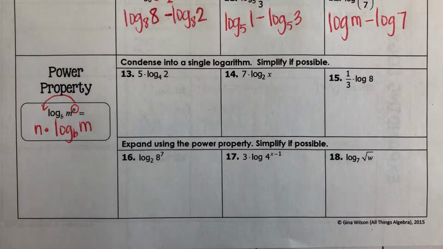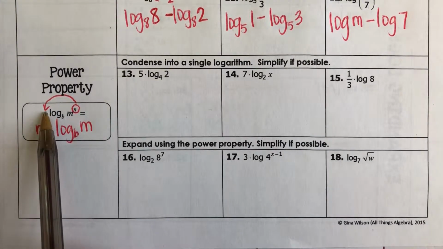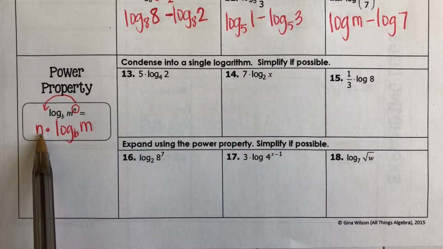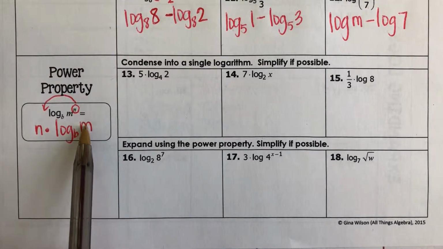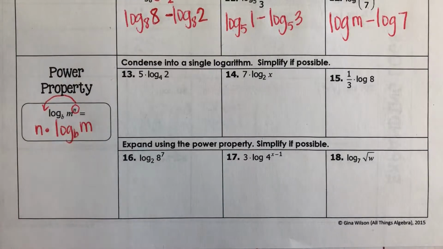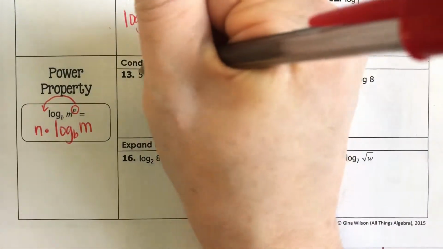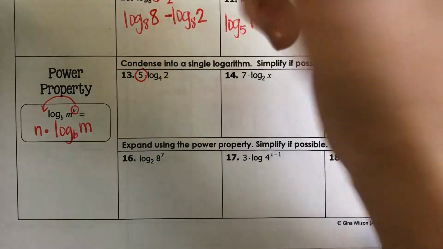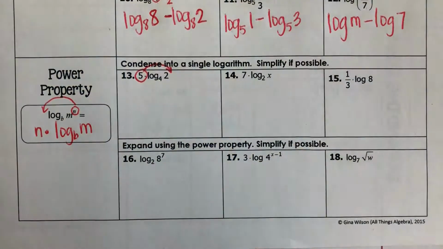Okay? So if I have an exponent, I can put it out front, or if I have a number out front, I can move it to become the exponent of whatever this value is, okay? So right here, I have a 5 out front. I am going to condense this into a single logarithm.